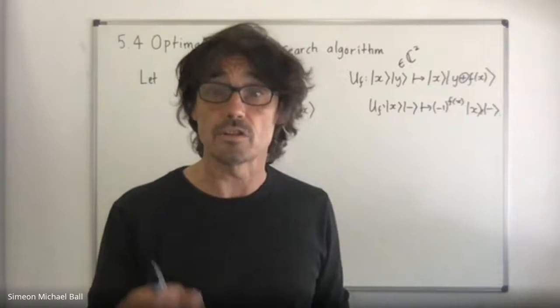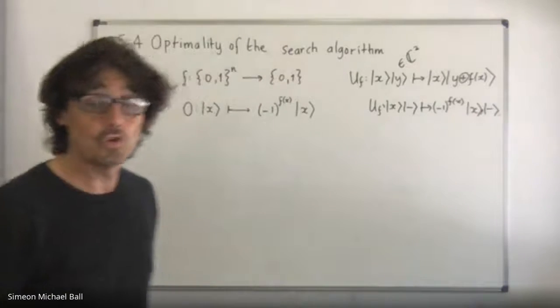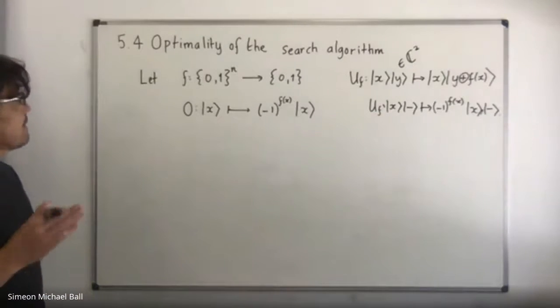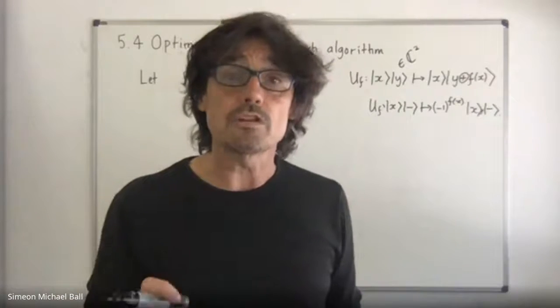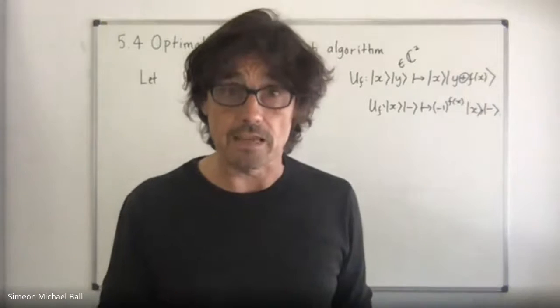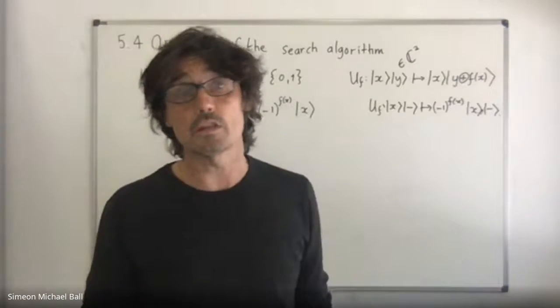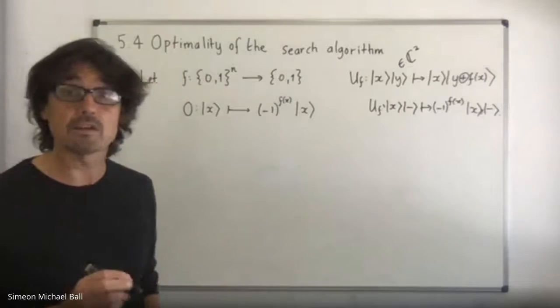Is there an x such that f(x) equals 1? What we're going to do is construct an algorithm which allows us to find this x without having to go through all 2^n values, computing f each time, to discover the x such that f(x) equals 1.